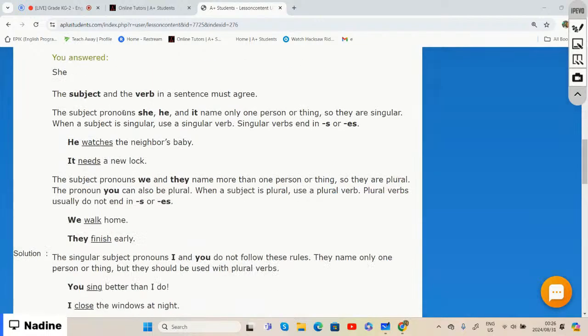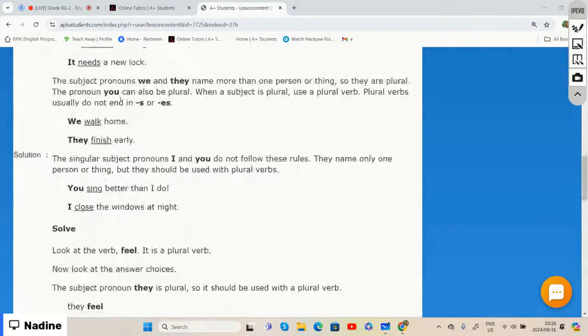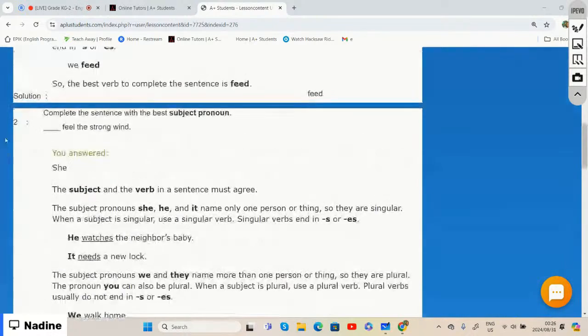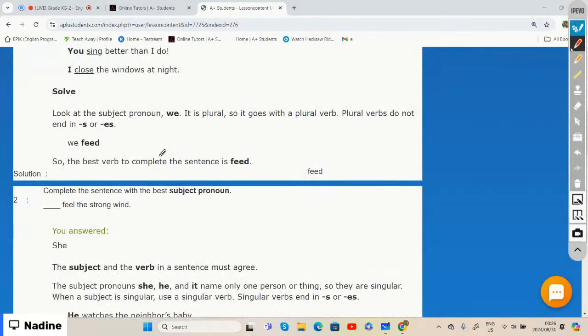We need to choose the correct option. Do we say she feel the strong wind? Or do we say they feel the strong wind?